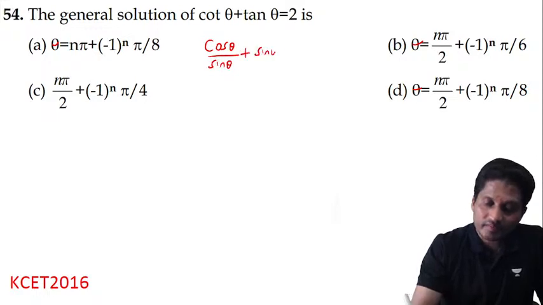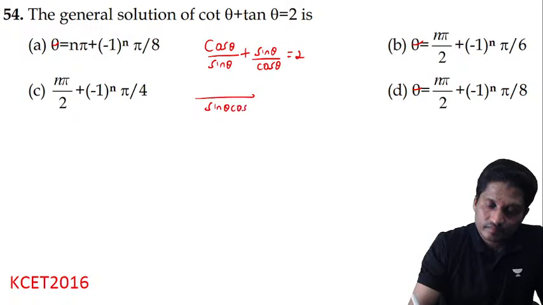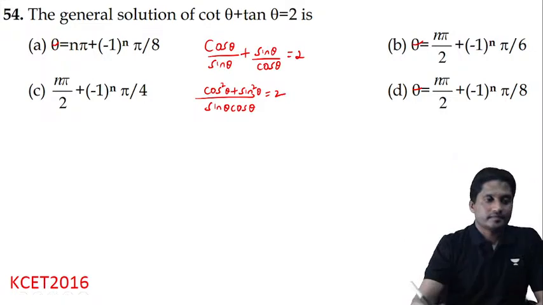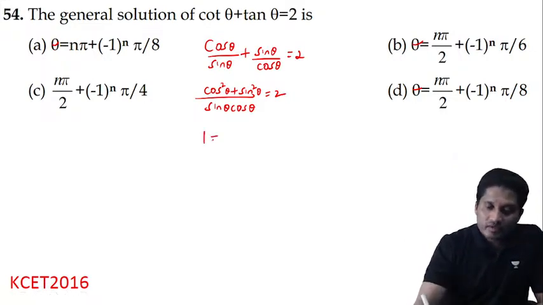Tan can be written as sine by cos, equal to 2. LCM is sine theta cos theta, right? If you cross multiply, you get cos square plus sine square equal to 2. Cos square plus sine square is 1. So 1 is equal to, if you cross multiply, 2 sine theta into cos theta.